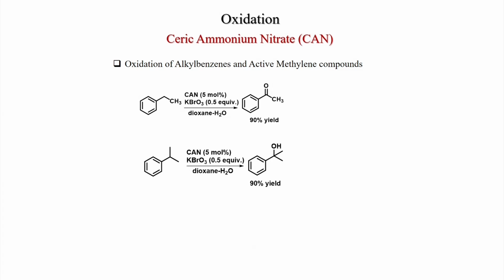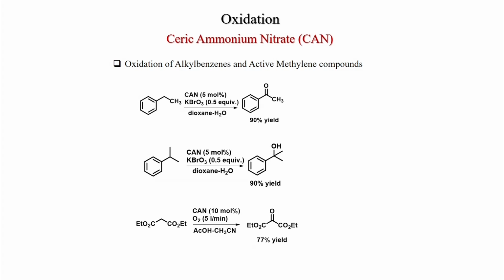Also isopropyl benzene can react under this condition, because there are 2 methyl groups, and selectively only the tertiary alcohol is formed in 90% yield, under ferric ammonium nitrate 5 mole percent, potassium bromate 0.5 equivalent in dioxane water.